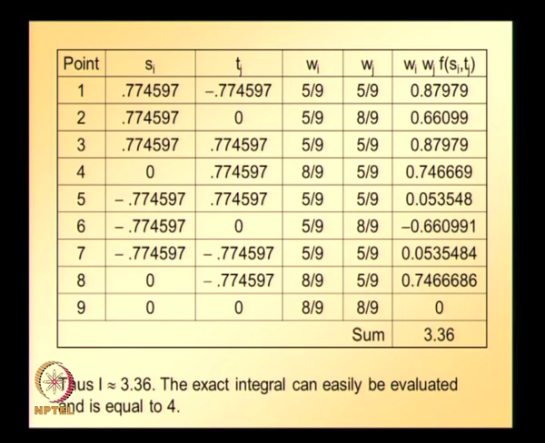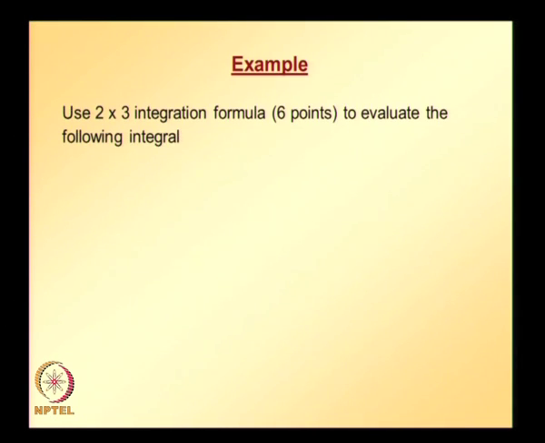So the estimate of this integral using 3 by 3 integration is 3.36, whereas the exact integral value is going to be 4. So to increase the accuracy here, we require to go for 4 by 4 integration. So now let us take another integral.